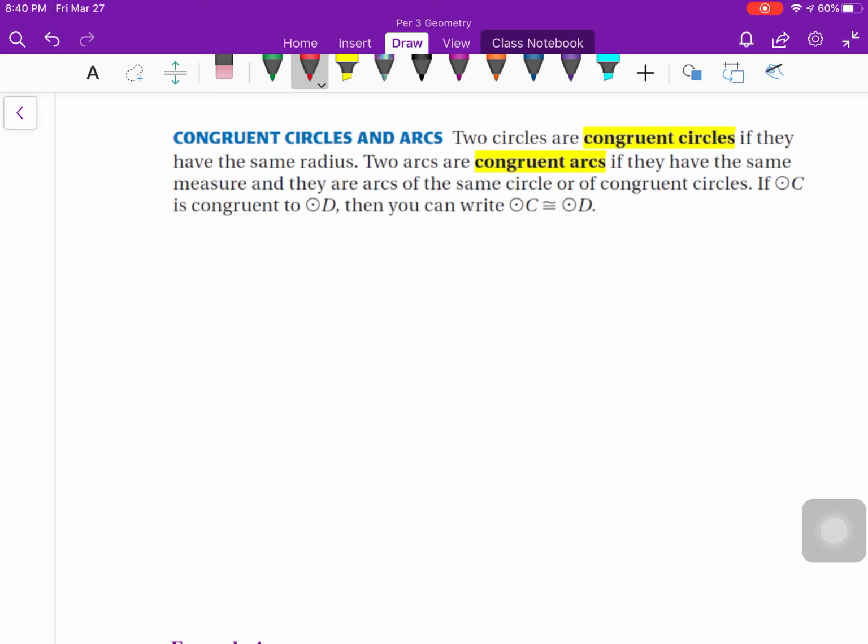Next, we're going to talk about congruent circles. Well, congruent circles obviously means it's the same size. They have the same radii or the same radius. But congruent arcs, they have to have two things the same.